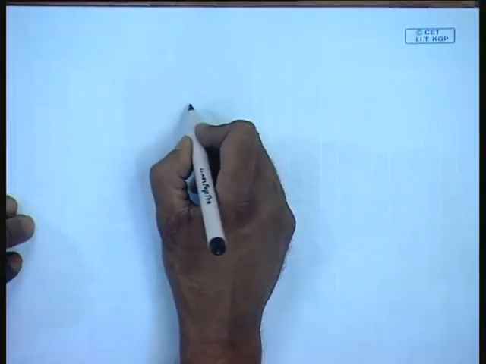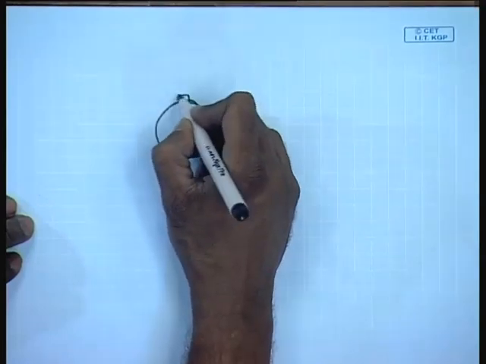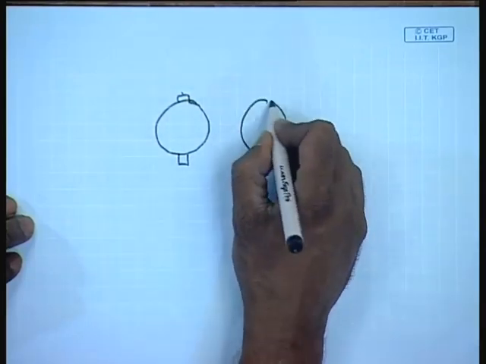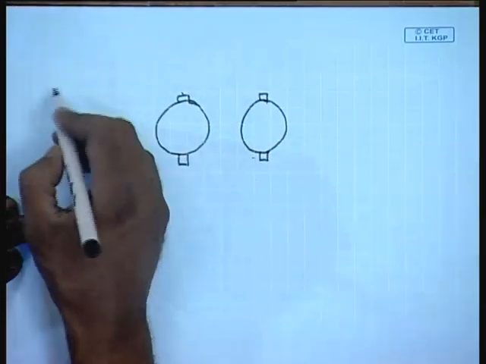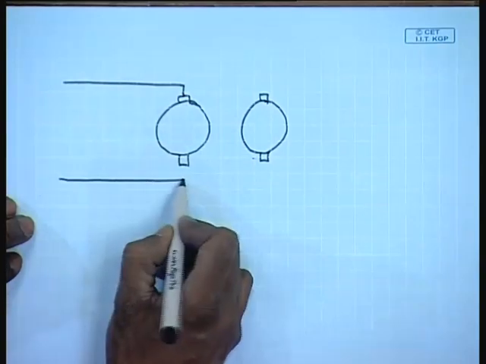suppose now I connect two such machines back to back, mechanically coupled, and supply from two DC sources.